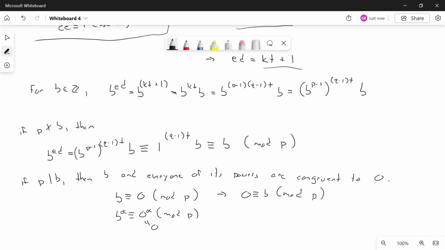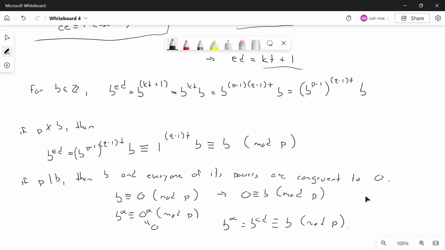And since I have B to some power is congruent to 0, and 0 is congruent to B mod P, then we have B to whatever power, which in this case we'll say is B to the ED, is congruent to B mod P. All right, so we get what we want back, when it's in terms of mod P.